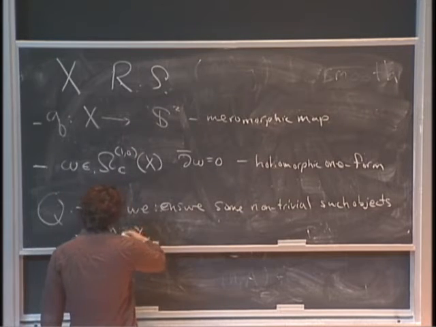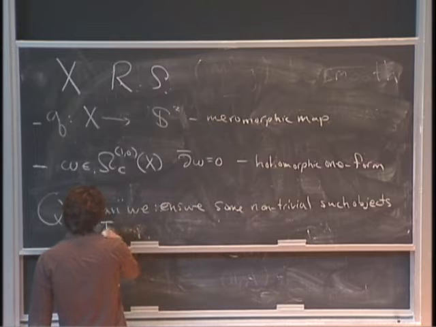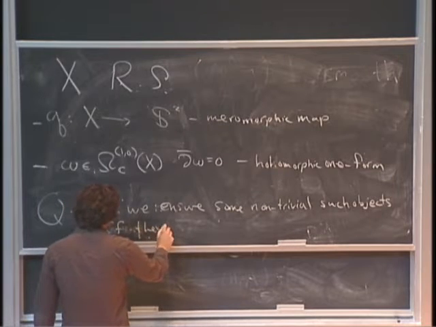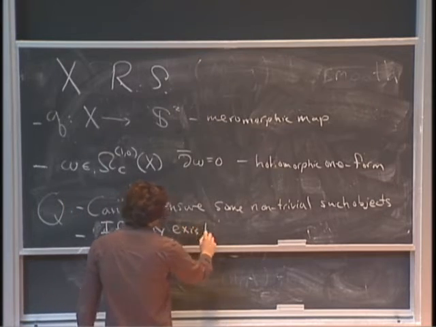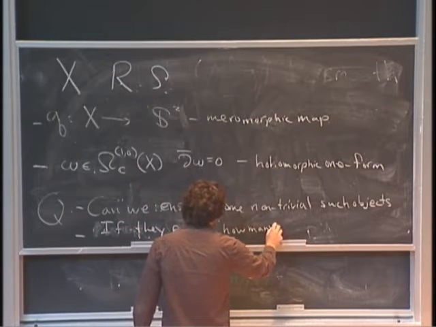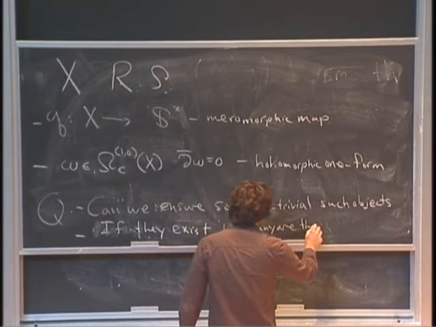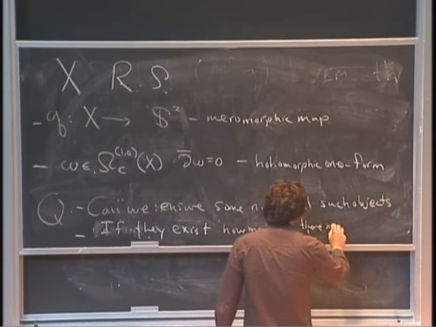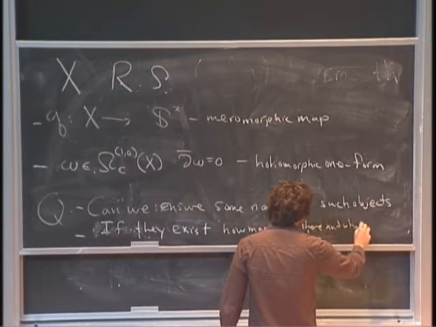If they exist, how many are there? And what properties do they have?